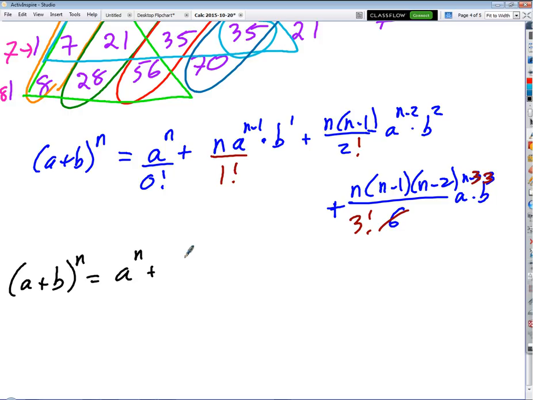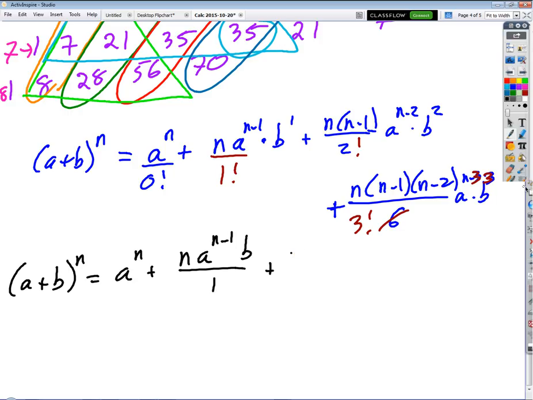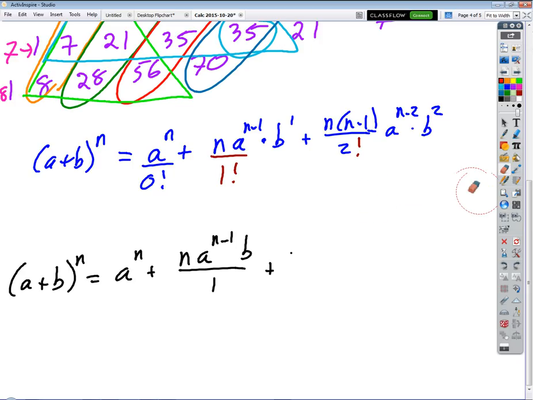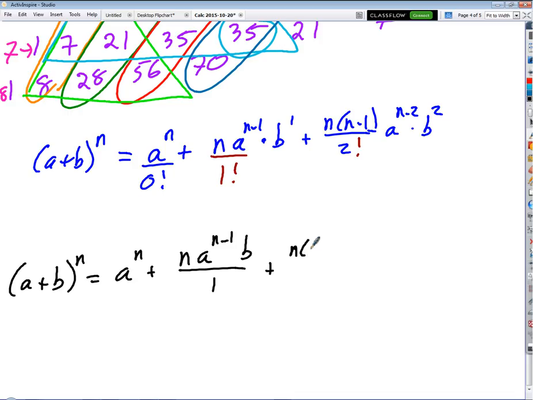That's fine. Plus n a to the n minus 1 times b over 1 plus n times n minus 1 a to the n minus 2 times b to the 2 over 2.